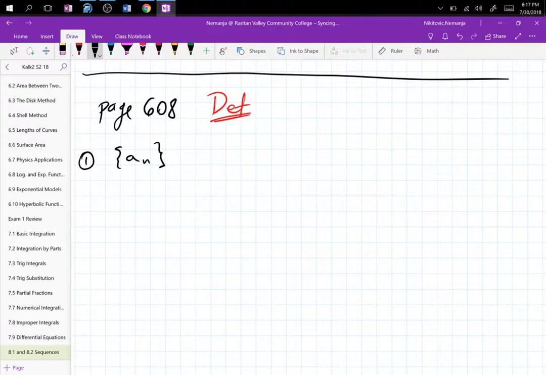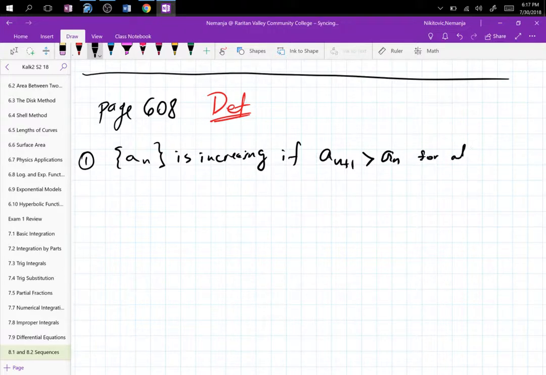a_n is increasing if a_(n+1) is bigger than a_n, for all n.